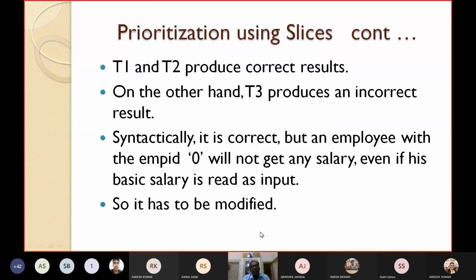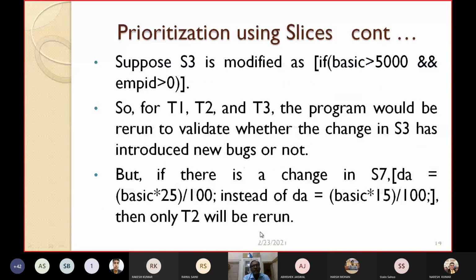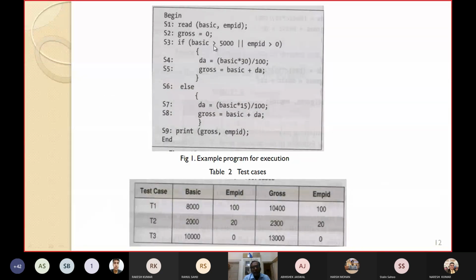So S3 is modified, with the OR replaced by the AND symbol. Now what will happen? Since we have changed this, and based on this the then part or the else part will be executed, I have to rerun all three cases T1, T2, T3 again.